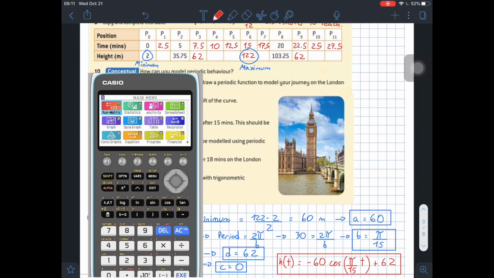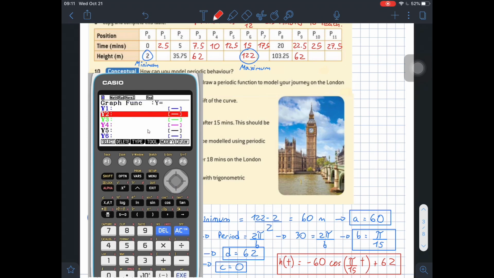So if you take a look at the calculator now, we're going to go to menu graph, and let me erase this, we're going to plug in our model, which is negative 60 times cosine of pi over 15 times x plus 62.